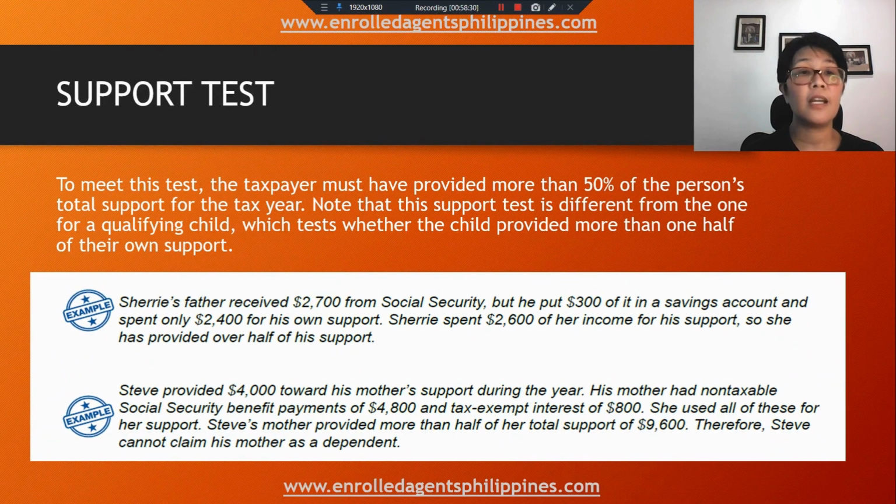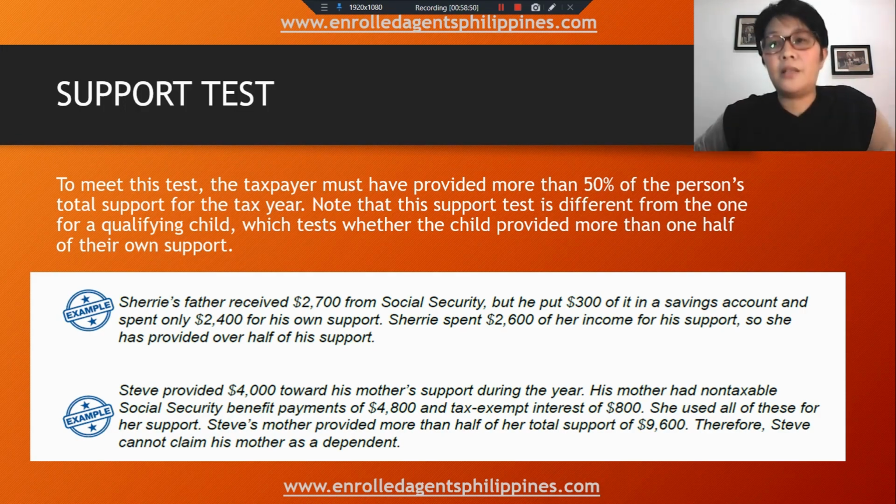Support test. Okay, to meet this test, the taxpayer must have provided more than 50% of the person's total support for the tax year. Note that this support test is different from the one for a qualifying child, which tests whether the child provided more than half of their own support.